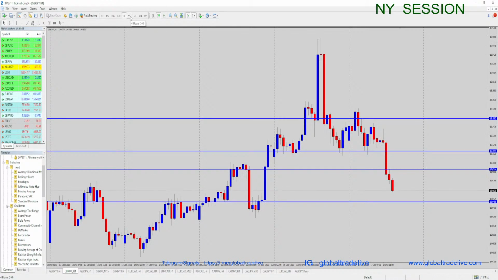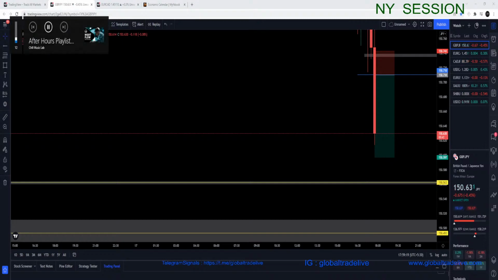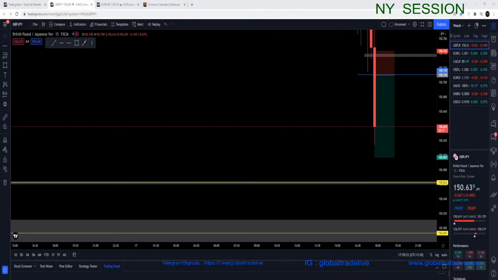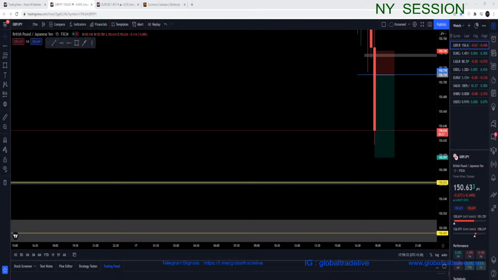Yeah, 1 hour should be dropping down from here with volume. It will be dropping to this level. Let's see. But obviously, as far as risk management is concerned, I'm gonna close half if it goes back to break even.